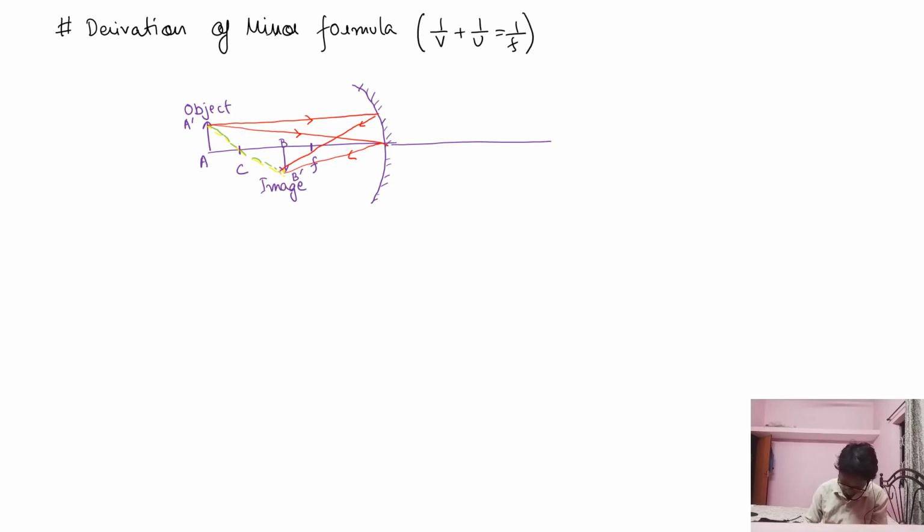From similarity of triangle A dash C and triangle B dash C, instead of using the word triangle, let me just use a symbol delta. It's much better.